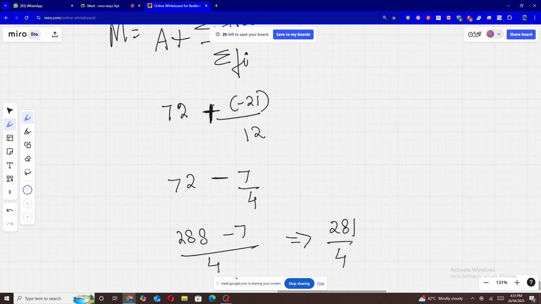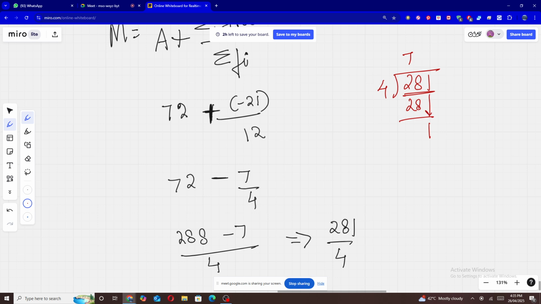Guys, just look here. A lot of kids make mistakes in division. 281 divided by 4. 4 sevens are 28. Now comes 1. You should not put decimal here, because this 1 is part of the number. It's not a remainder.